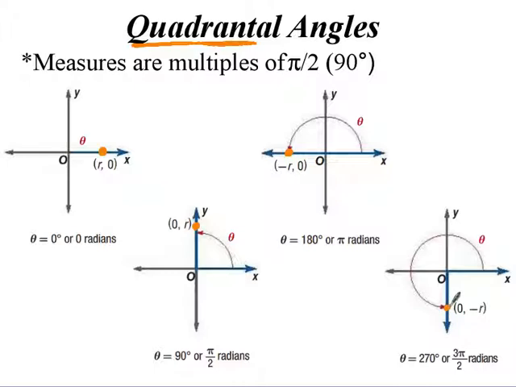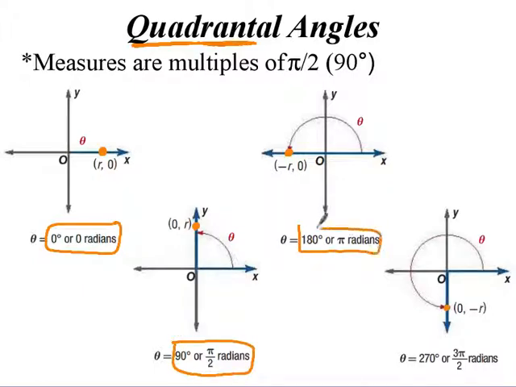Now one of the other things I hope you get down is that 0 degrees and 0 radians are equivalent. 90 degrees and pi halves are equivalent. 180 and pi are equivalent, and 270 and 3 pi over 2 are equivalent.